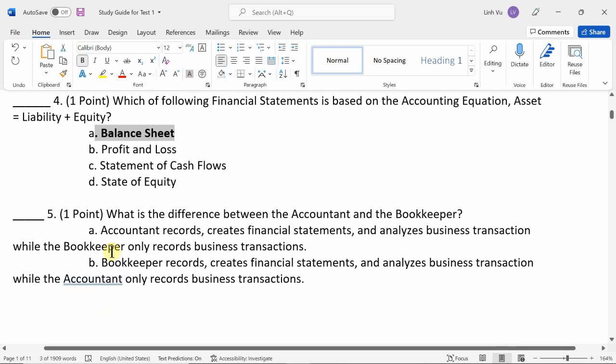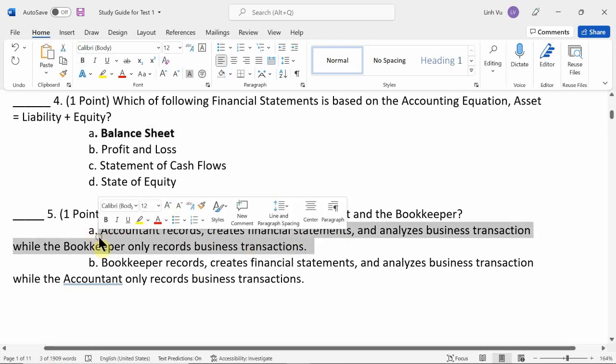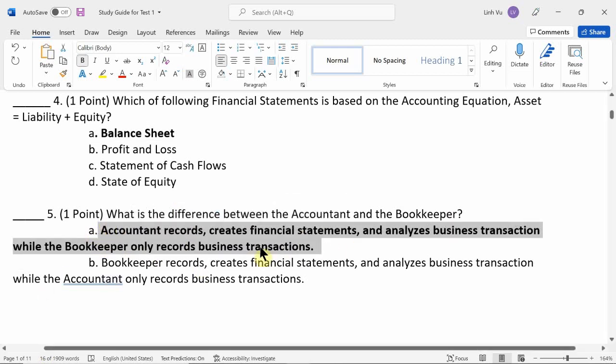Okay, so the accountant records, creates financial statements, and analyzes the business transactions, while the bookkeeper only records business transactions. Absolutely correct, right? The bookkeeper only has one job, and that one job is to only record the business transactions.